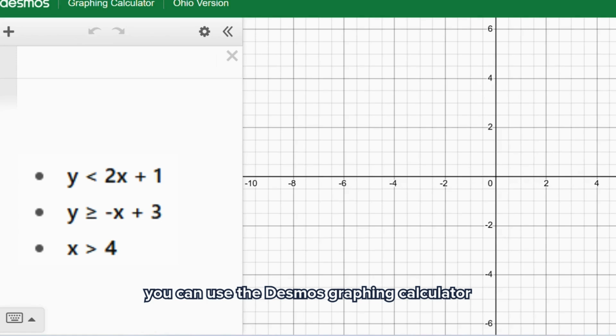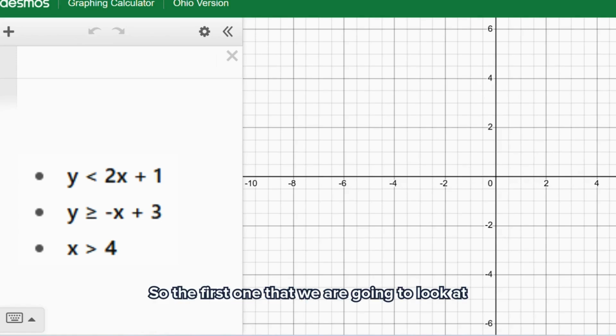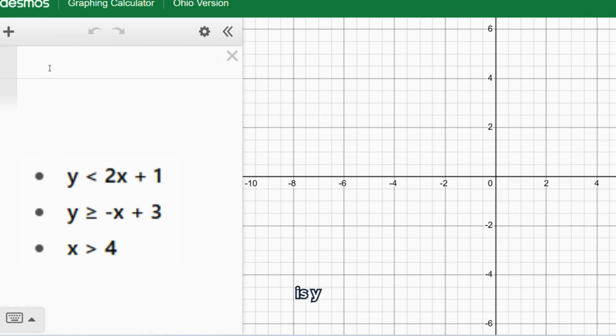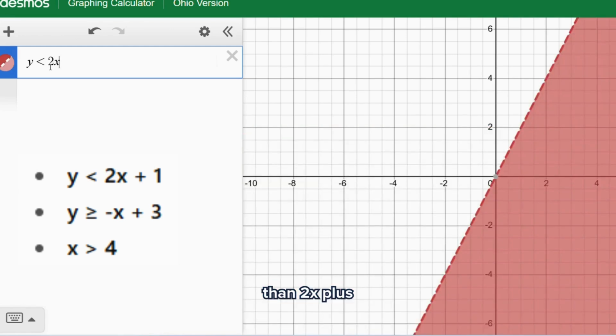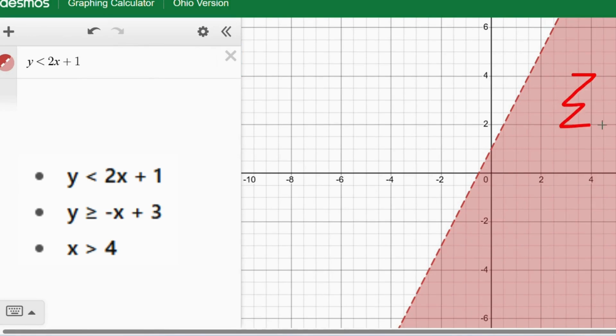the Desmos Graphing Calculator app. So the first one that we are going to look at is y is less than 2x plus 1. Now you notice here Desmos shaded below the line.